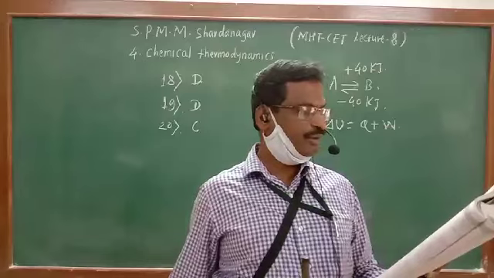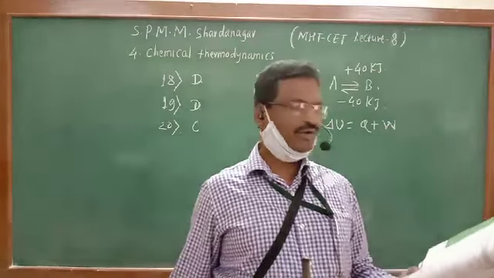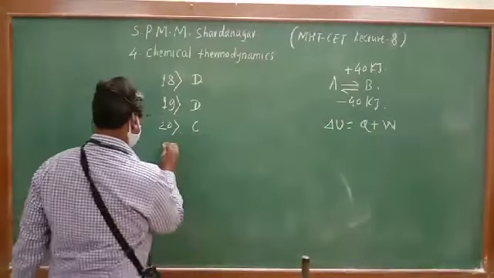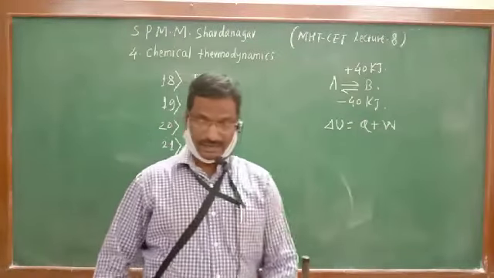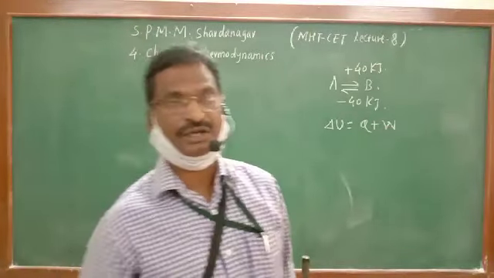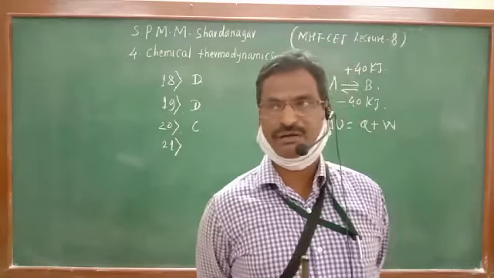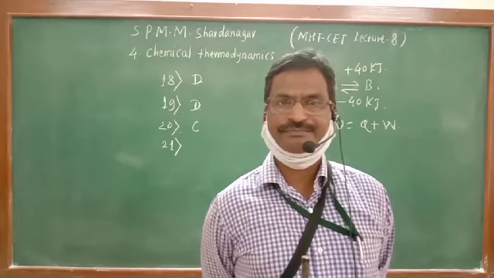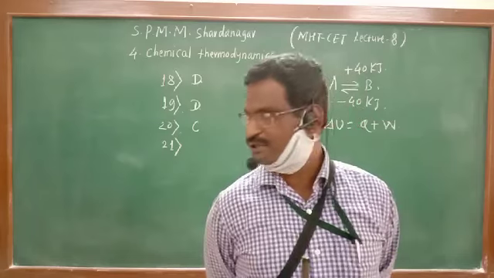Now question number 21. Mass and energy are conserved. It is demonstrated by. See, we have seen the first law of thermodynamics, and the first law of thermodynamics is stated as the law of conservation of energy.